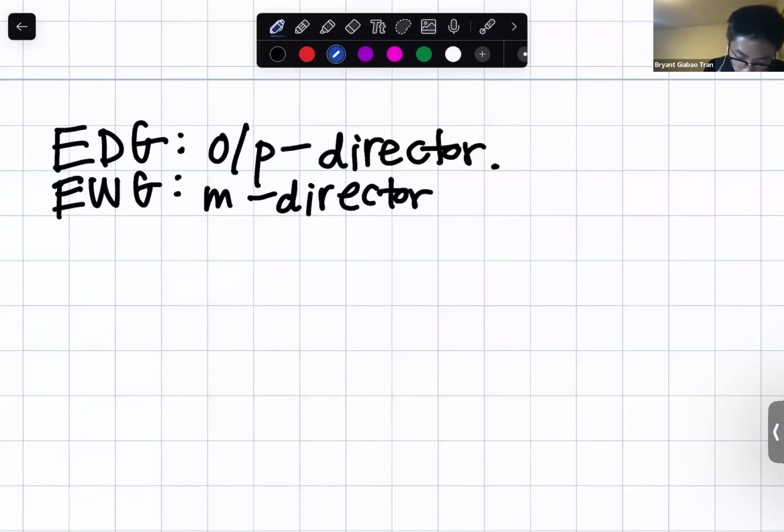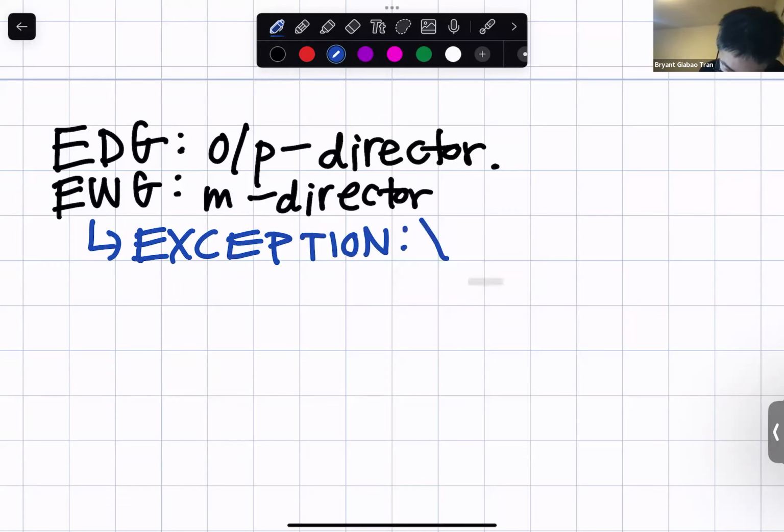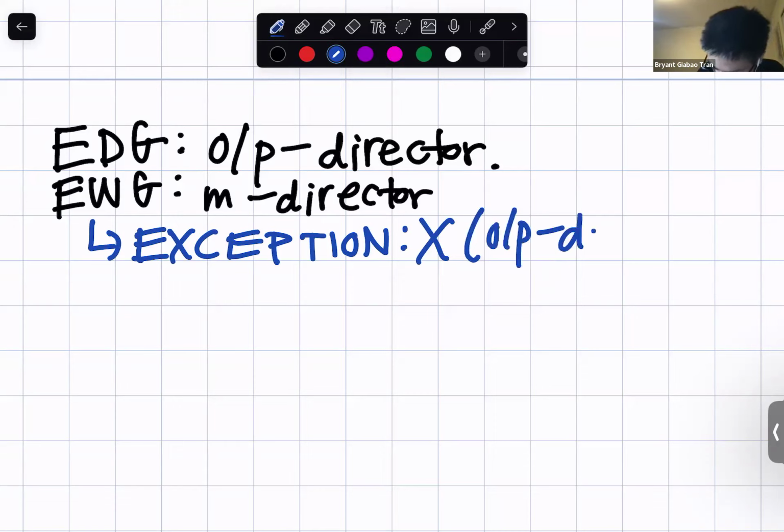Where the only exception for EWG are halogens, chlorine, bromine, iodine. They are EWGs, but they are ortho para directors. And we'll go over that as well.